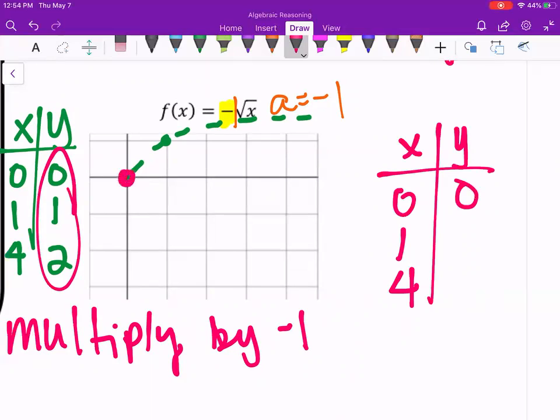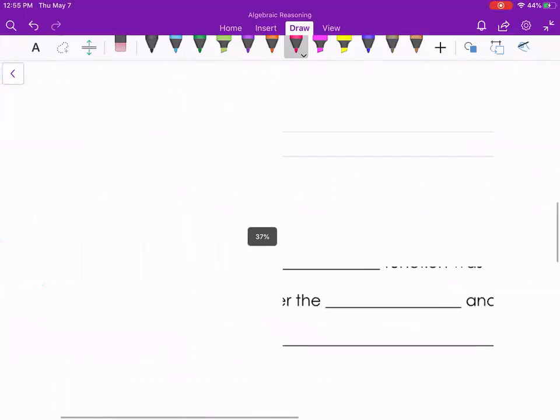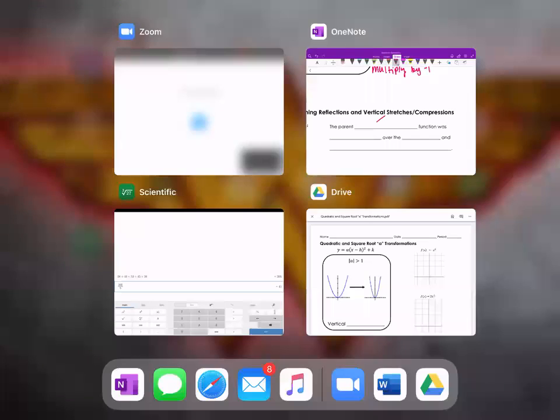Still 0. 1 times negative 1 is a negative 1. And then 2 times negative 1, a negative 2. And there is the negative A side of this. And again, the two pieces together, the positive side and the negative side, are what make the entire graph. So I want to put all of these together, the stretch, the compression, and now the reflection. And let's try a couple examples and finish off the last part of these notes.